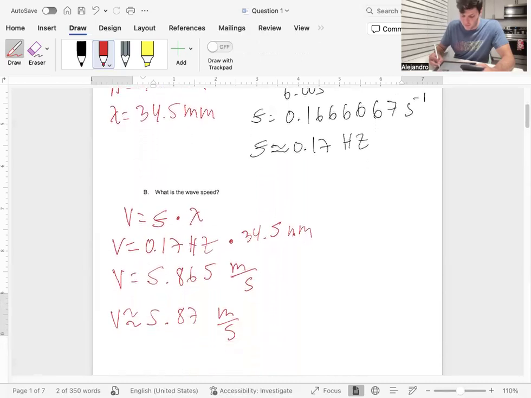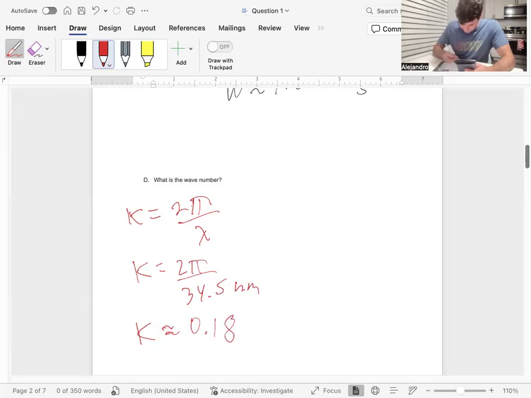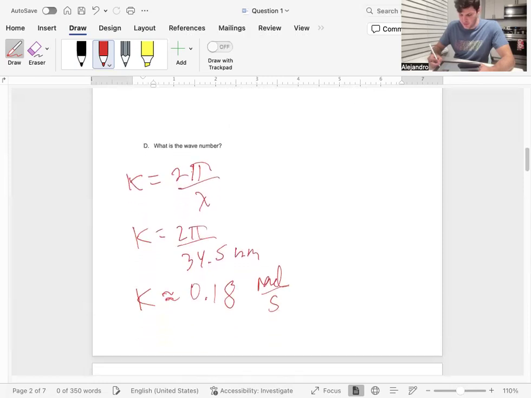It's 34.5 millimeters. So 2π over 34.5 is roughly 0.18 radians per second. And that's the answer for the first question.